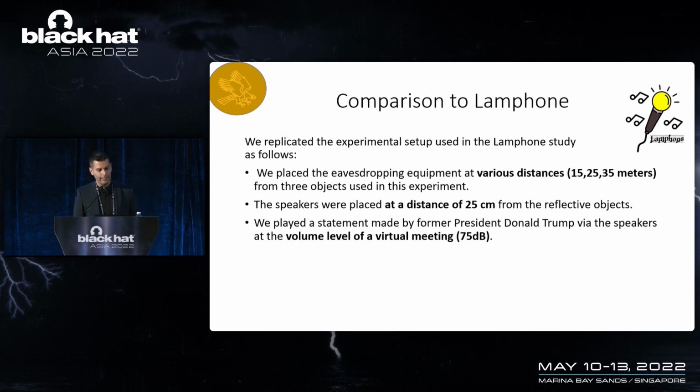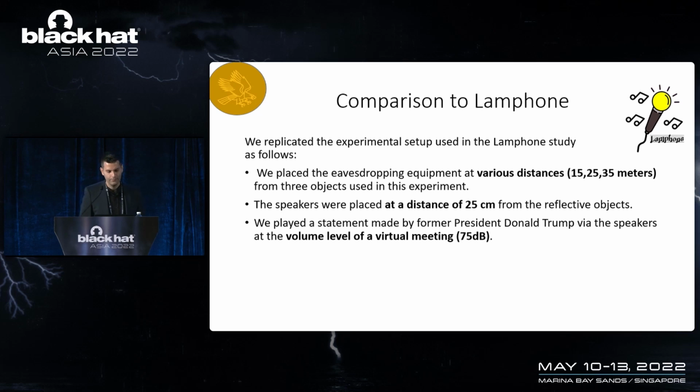And the speakers were placed at a distance of 25 centimeters from the reflective objects. Please take into account that a standard desk depth is about 60 centimeters. So basically, you are about to see recoveries that were made when the objects were placed at about half of the depth from the speaker, which is 25 centimeters.